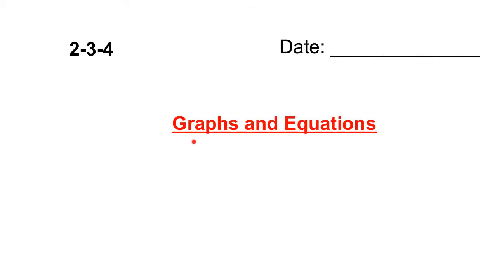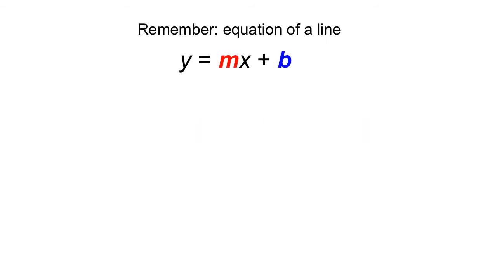This lesson's about graphs and equations and the relationship between them. So if you have an equation, how do you make the graph? Or if you have the graph, how do you write the equation? We're going to look at both. But before we get into that, let's remember the equation of a line. We've been working with this general form for an equation of a line, y equals mx plus b.